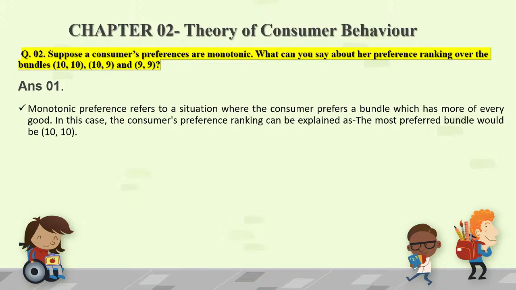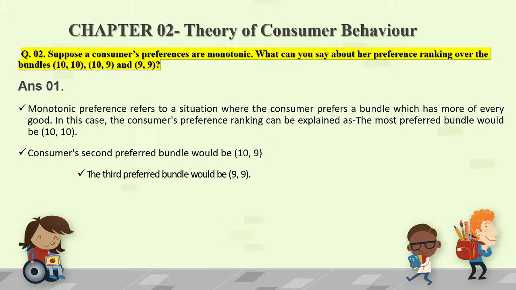So this situation explains that the consumer has a preferred ranking where the bundle 10,10 is the most preferred bundle because it carries more of both the goods. Second preference goes to 10,9, and the third preferred bundle would be 9,9.